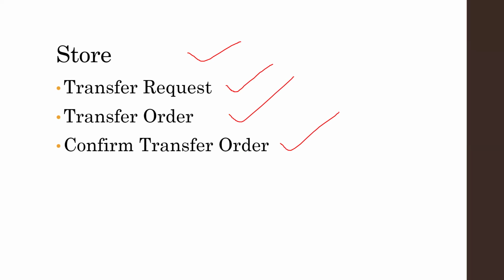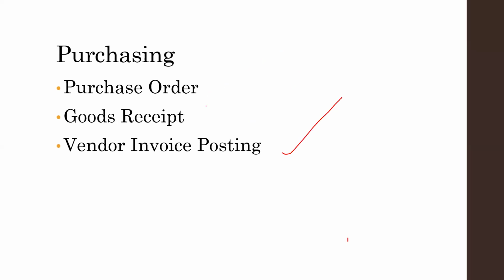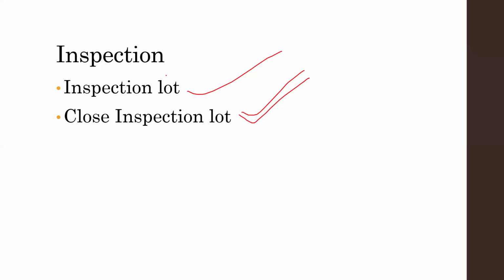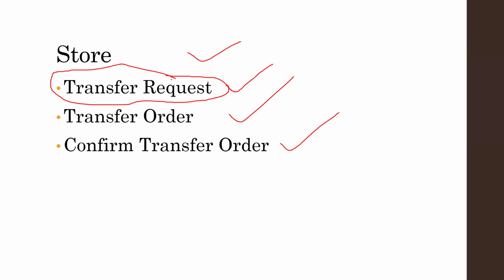That is, once the goods are inwarded, the quality inspection will be created and the transfer request will be created in the background. Once they close the inspection lot, the transfer order is created based on the transfer request, and they keep it in the final destination.